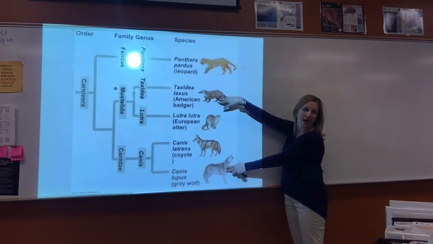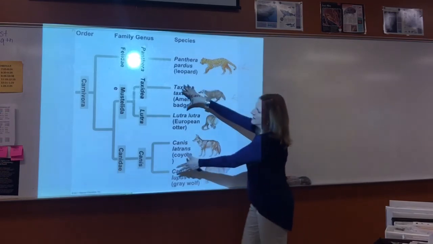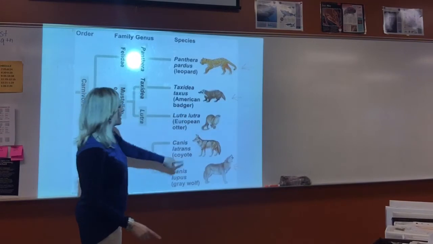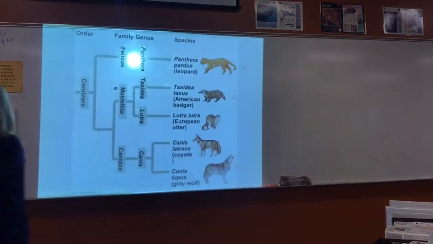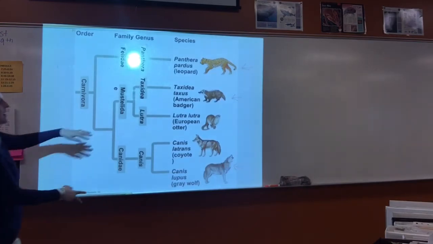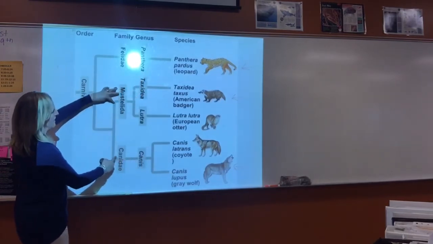And how do I know that? What am I looking at? So I go back and find the badger and the wolf's common ancestor on this. How do I find that? I take the badger line and the wolf line and go back until they meet.